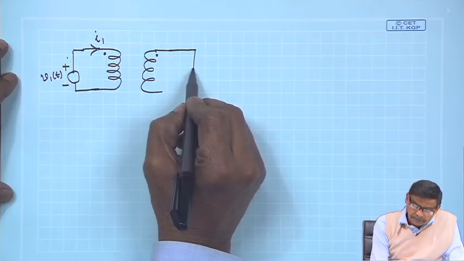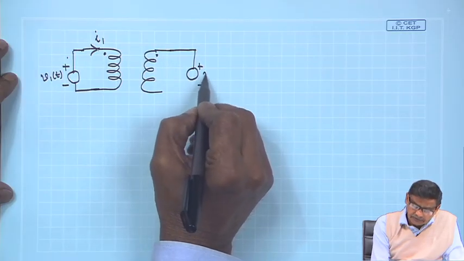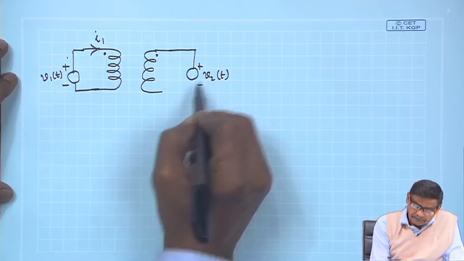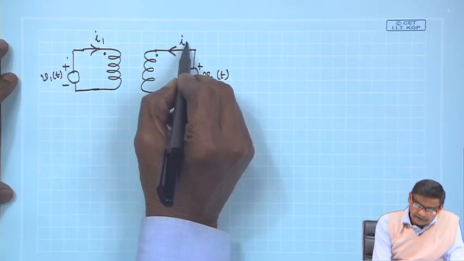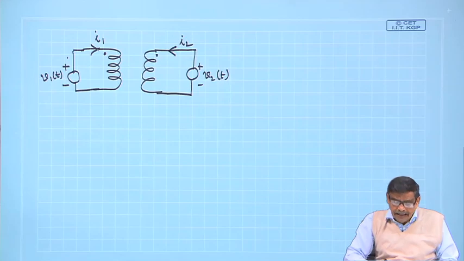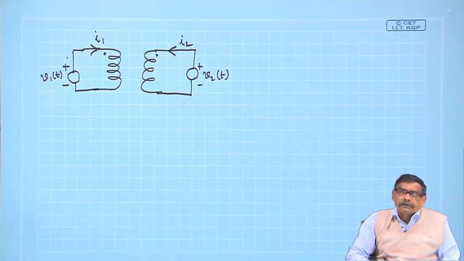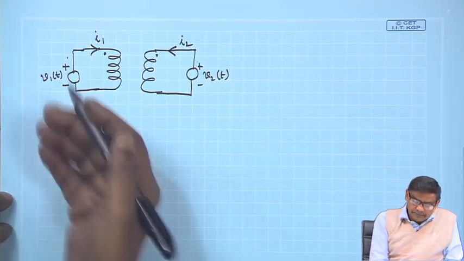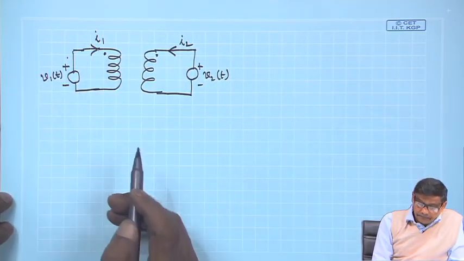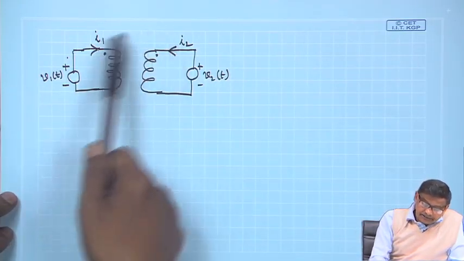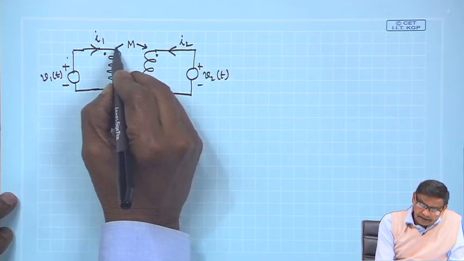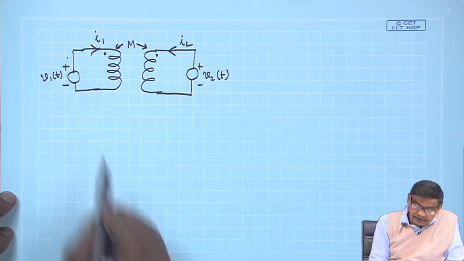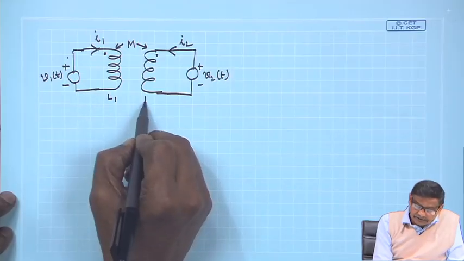Similarly, you imagine you have connected another source V 2 here, and its current direction is like this. You can choose the current direction in whichever direction you please, but I have just assumed it like that, I 2. Now, in this system, these two coils are mutually coupled, having mutual inductance M and self inductances L 1, L 2.